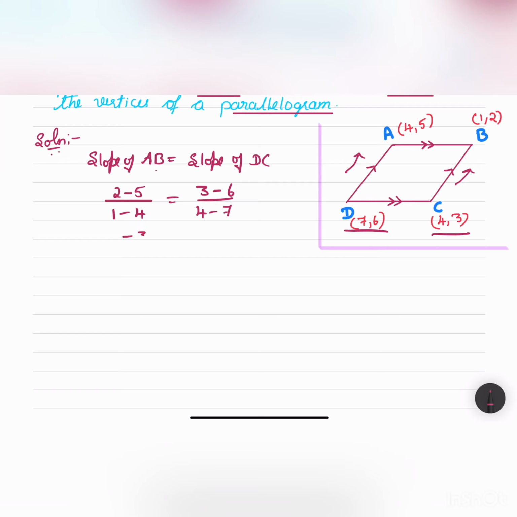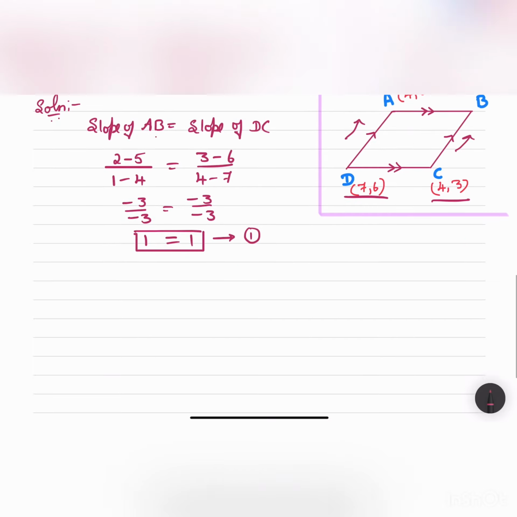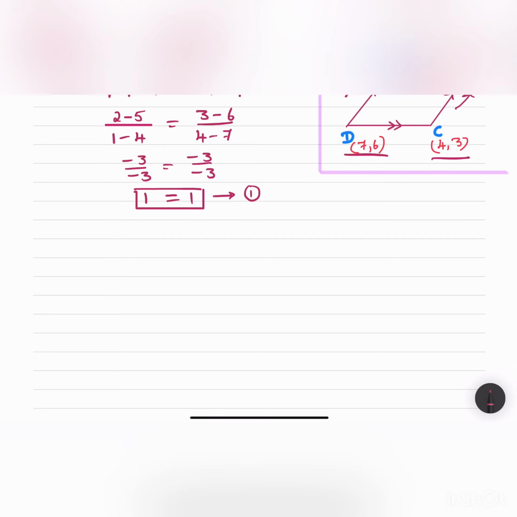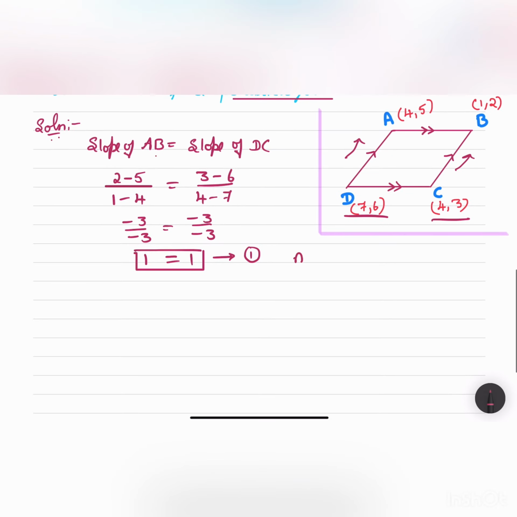So this is minus 3 by minus 3, is equal to minus 3 by minus 3. And hence this is plus 1 is equal to plus 1. So let me take this as equation 1. Means 1 is equal to 1, that is AB is parallel to DC since the slopes are equal.